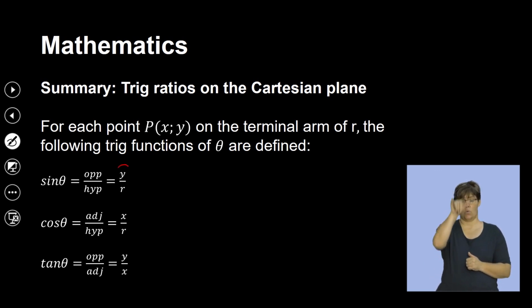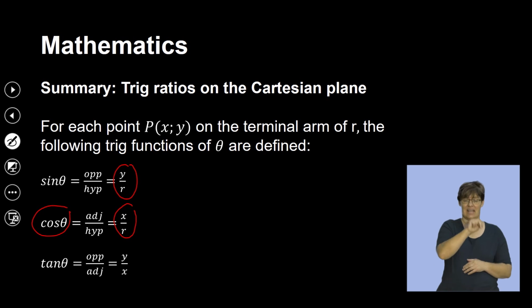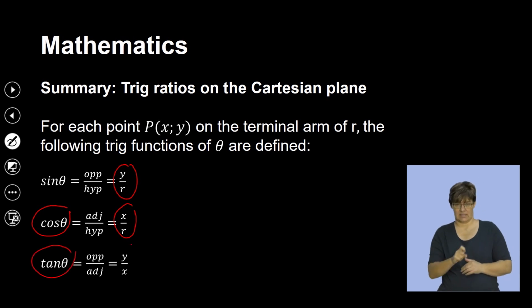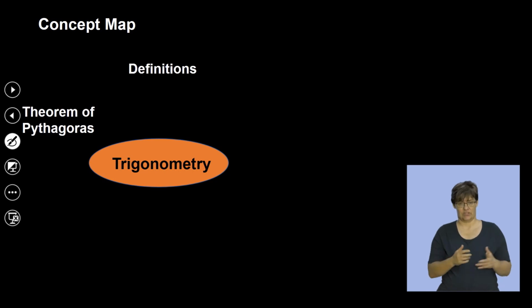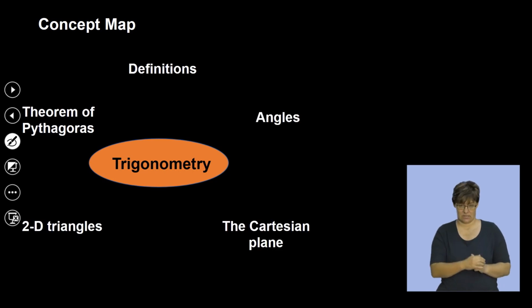If I say to you, define sine theta, I want you to say y over r. Define cos theta, x over r. Define tan theta, y over x. And that's what we're then going to say as the definitions.